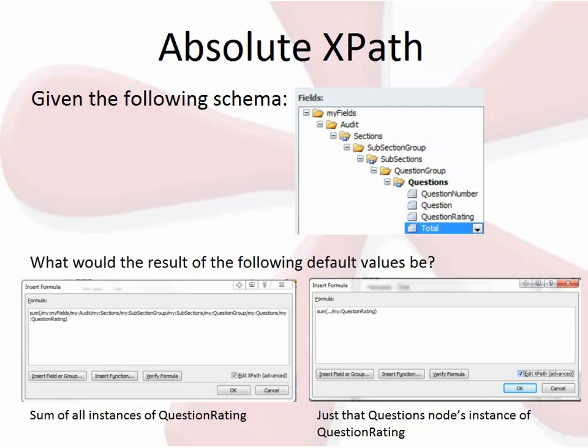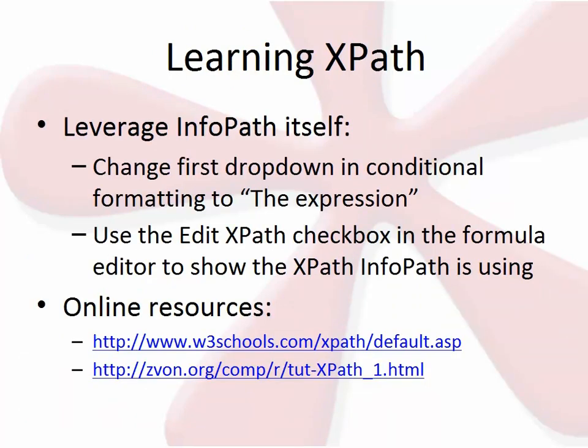The full XPath to question rating, when used in an aggregation formula like sum, would get me back the sum of all the question ratings. But if I were using a relative XPath to question rating from my total field, it would get me back just that instance, just the one that's in the repeating node with me. Okay? Hopefully that makes sense.